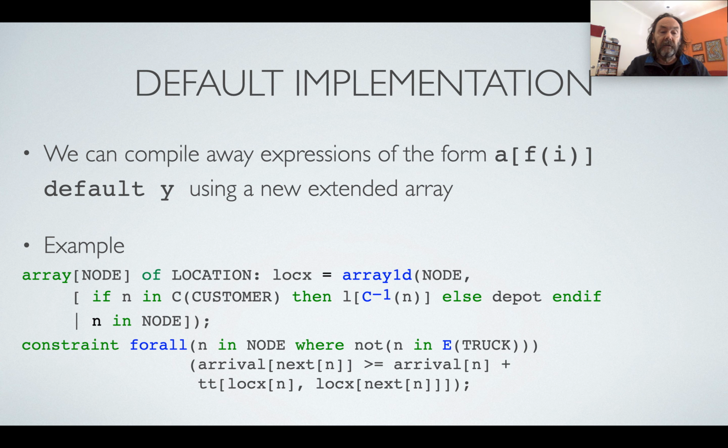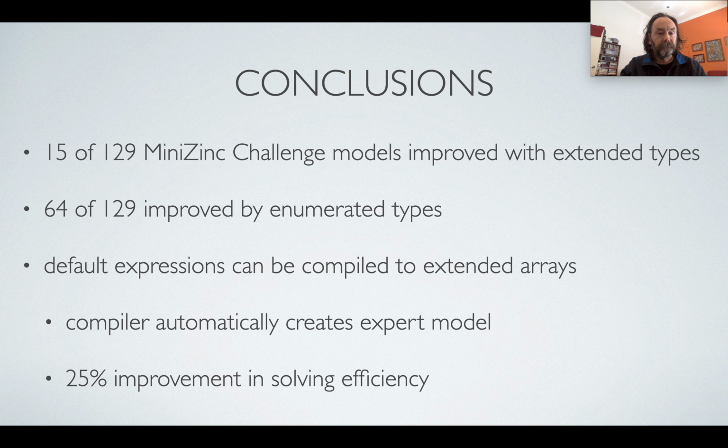If it's a customer node, it's just the location of that customer, otherwise it's the depot. And then we replace that in our travel time expression by just using locationX of n or locationX of next of n. That's what an expert model will do, but nicely, because the default expression has a very clear meaning, the compiler can automatically introduce these extended arrays for you.